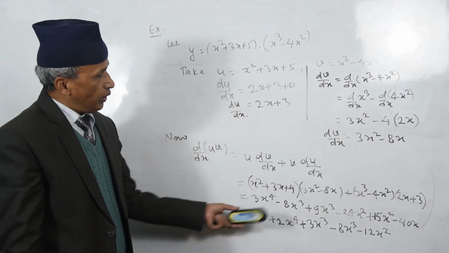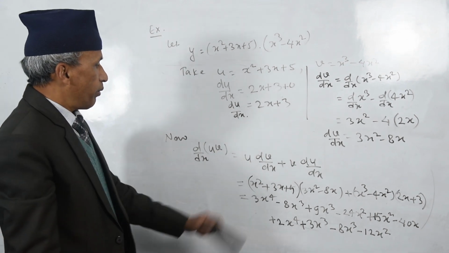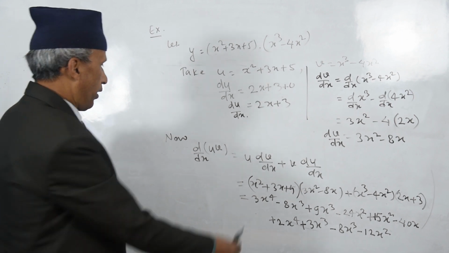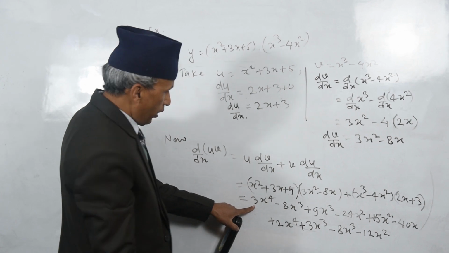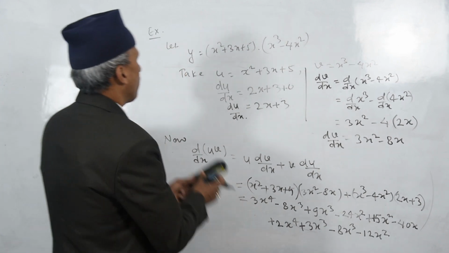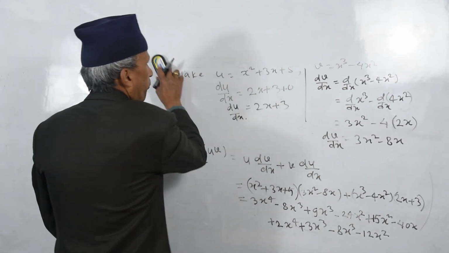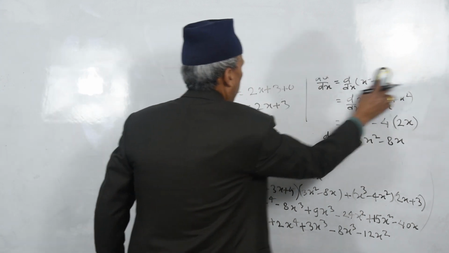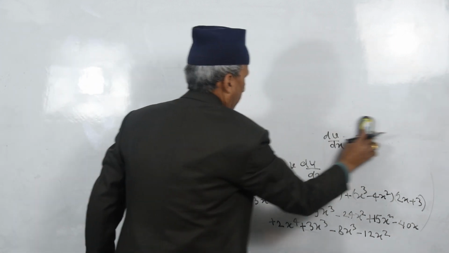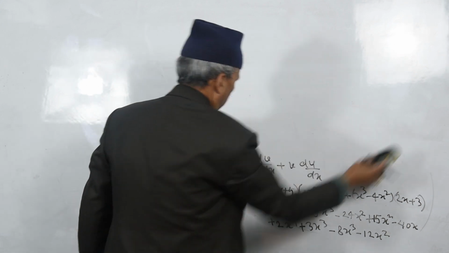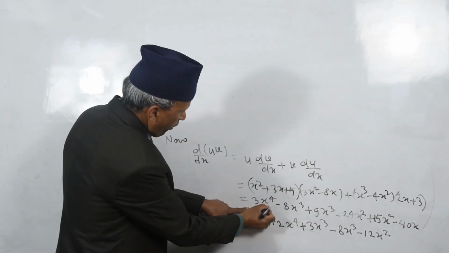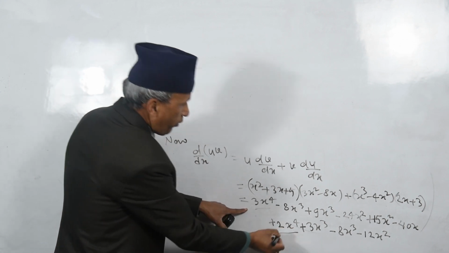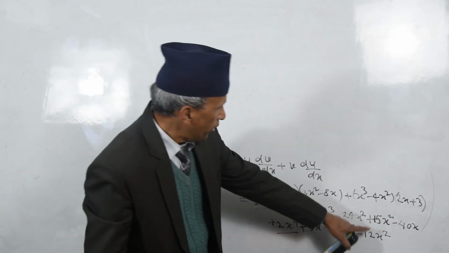Just add if they are similar and subtract if they have opposite signs, depending on the sign. Just collect the similar powers, it will be easy for you. 3x to the power 4, 2x to the power 4. Are there other x to the power 4 terms?